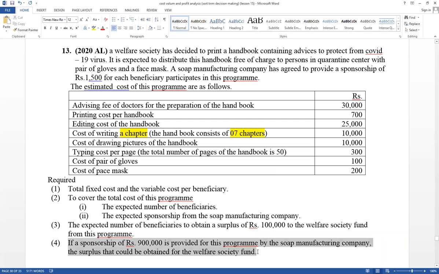Profit, when 900,000 is received as sponsorship. In this situation, the amount per beneficiary is 1,500.